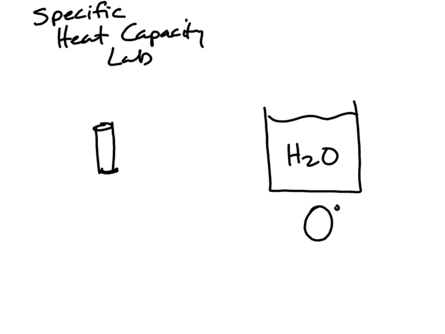That's fine. What's going to happen is that metal is going to be a warm piece of metal, so make sure you use caution when we use our tongs. I'm going to drop that warm piece of metal into the ice water at 0 degrees Celsius. Now, the temperature of the metal, you'll know because whatever the incubator says is the internal temperature of the incubator will also be the temperature of your metal cylinder, because I put it in there last night and it's been in there for a couple days.